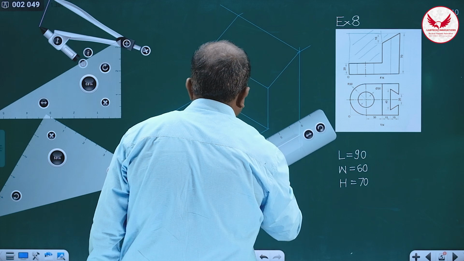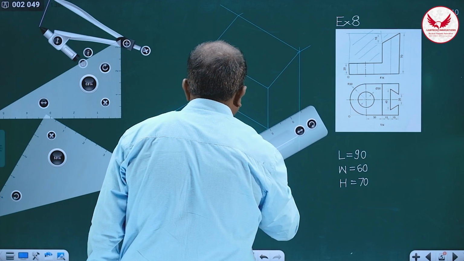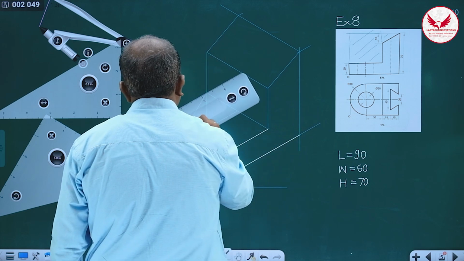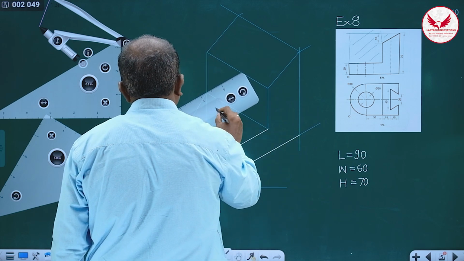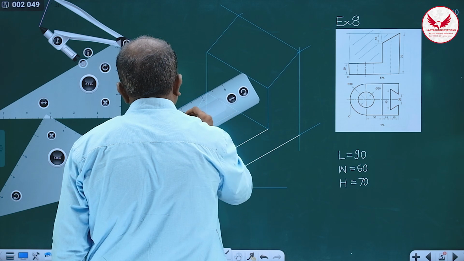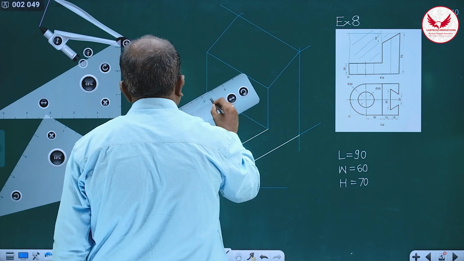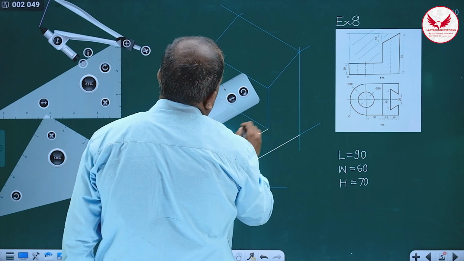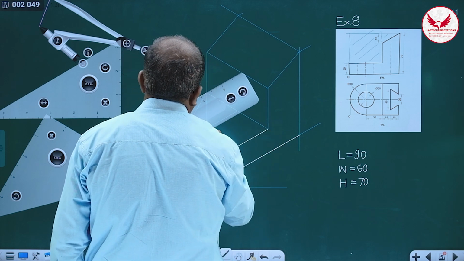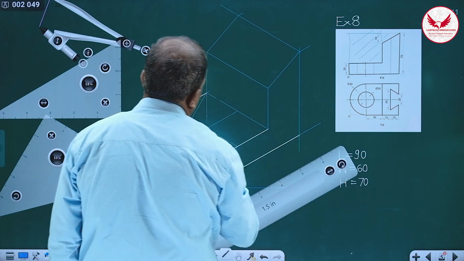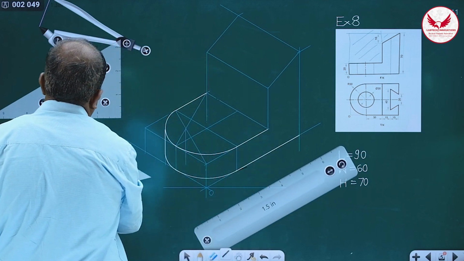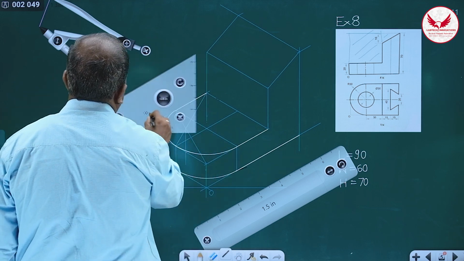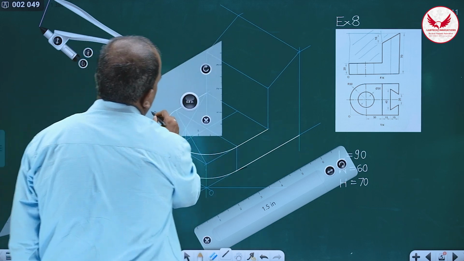Then similarly, this line is 30. It is 30. It is 30. It is 30. Then any horizontal line? No. At a time you can mark all the parallel lines so that your speed will increase. Then I'll choose vertical lines.